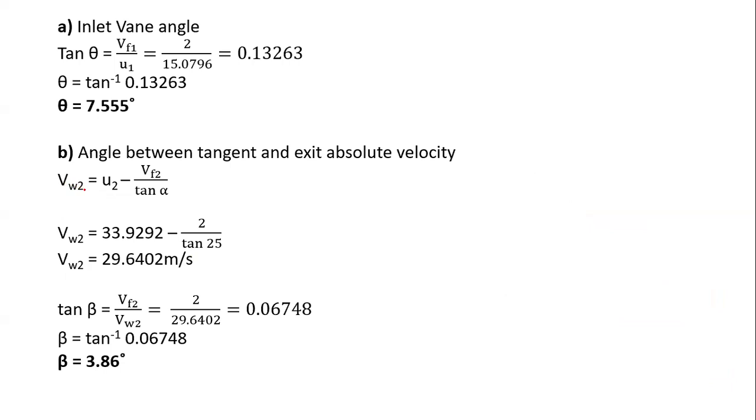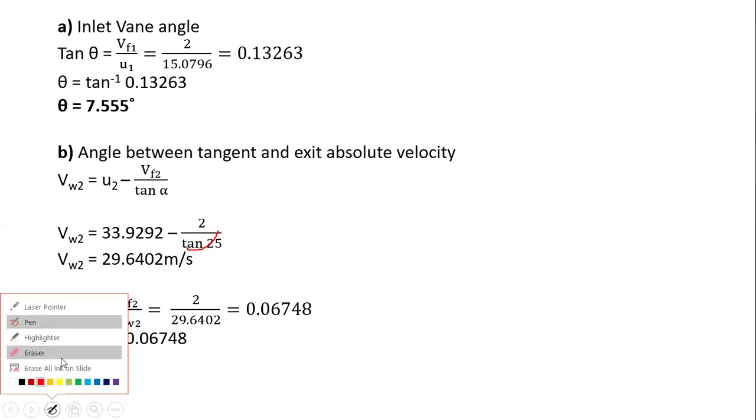So then VW2 equals U2 minus VF2 over tan, rather not theta, but the alpha, which is 25. So here, VW2 is equal to 33.9292, because U2 was this number here, 33.9292 meters per second, minus VF2, which is 2 meters per second, divided by tan 25, because my angle here was actually 25.